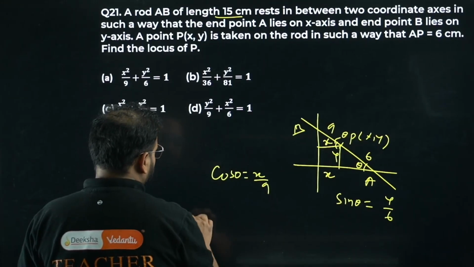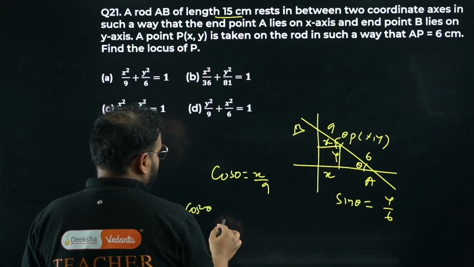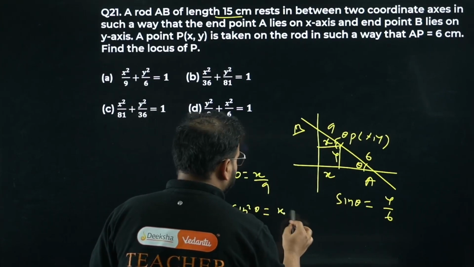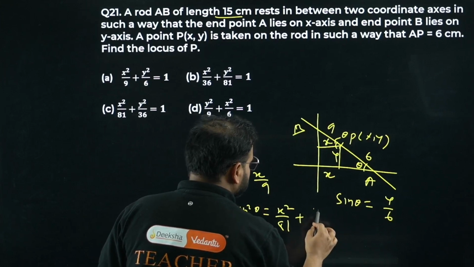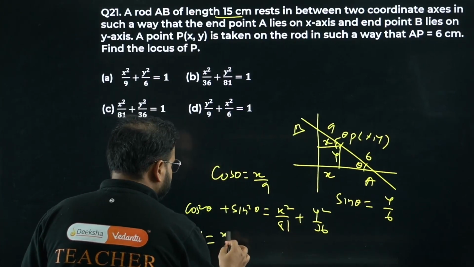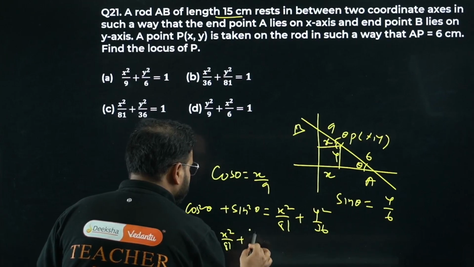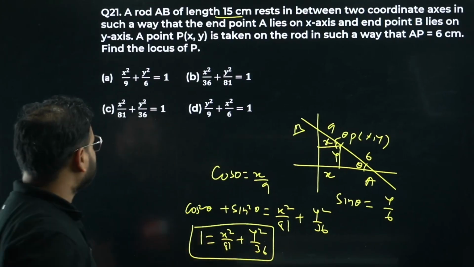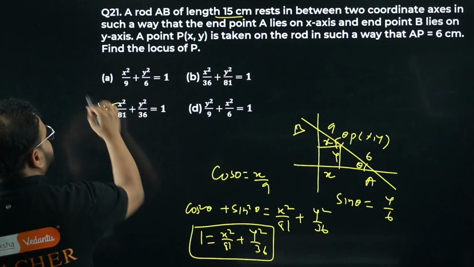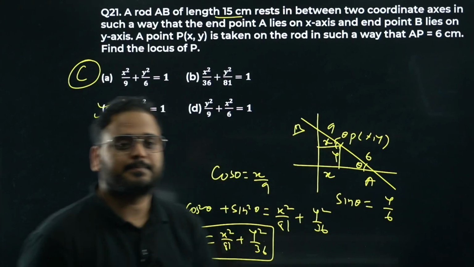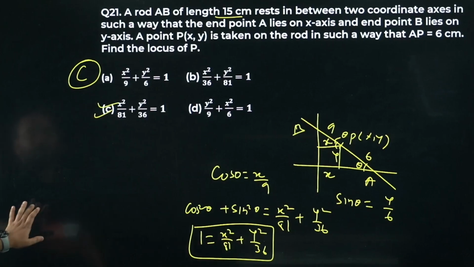You'll have cos square theta plus sine square theta on this side, and x square by 81 plus y square by 36 on the other side. It's going to be 1: x square by 81 plus y square by 36 equals 1. I have the relation between x and y. This is my locus. Option is C. Done. Option is C.